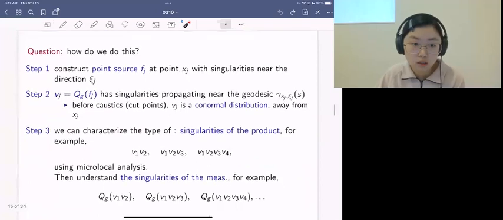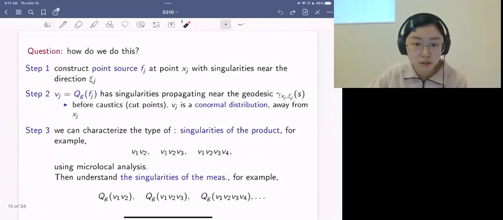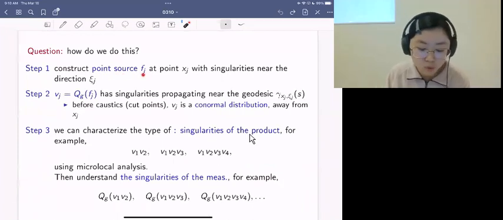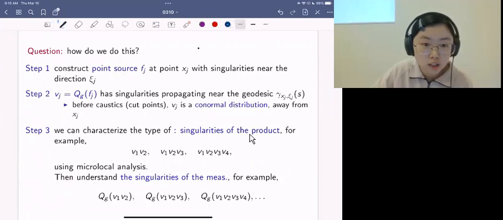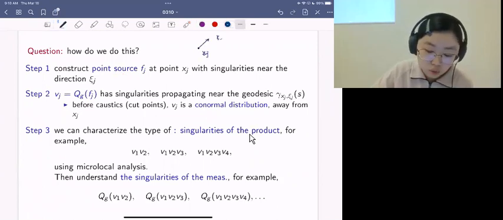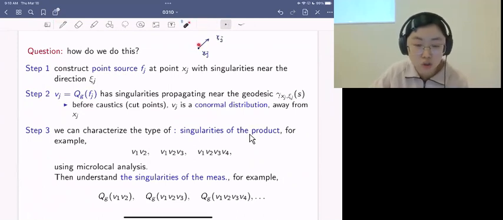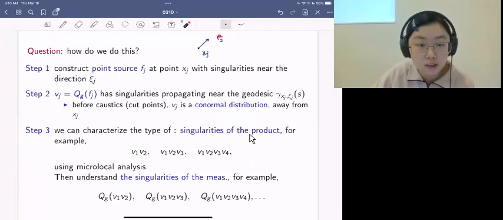So how do we do this? There are 3 steps. First, we can construct some point source f_j. Suppose we have a point x_j and a light-like vector psi_j. One can construct a point source f_j at x_j whose singularities are near psi_j.